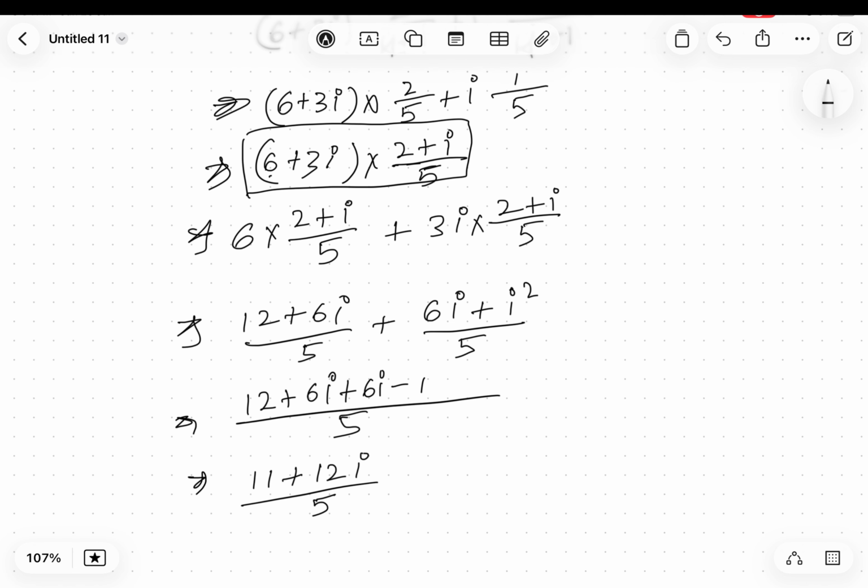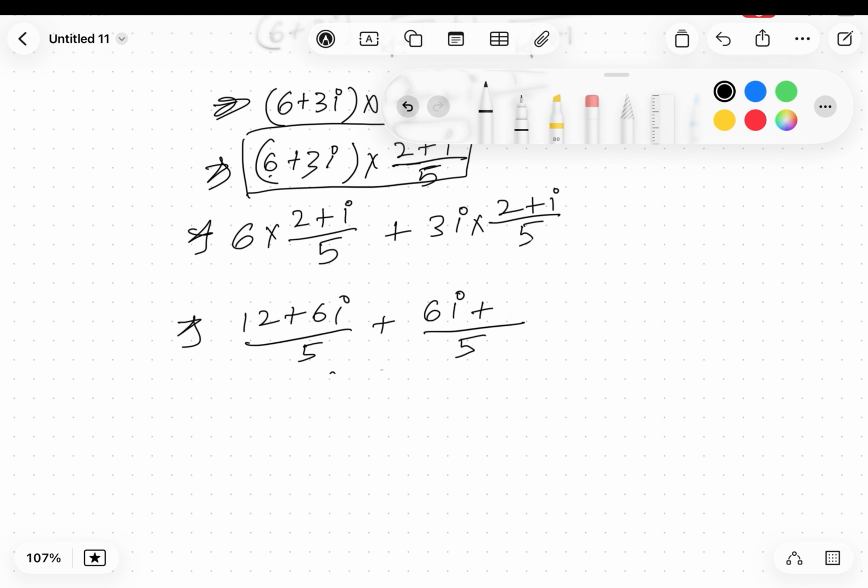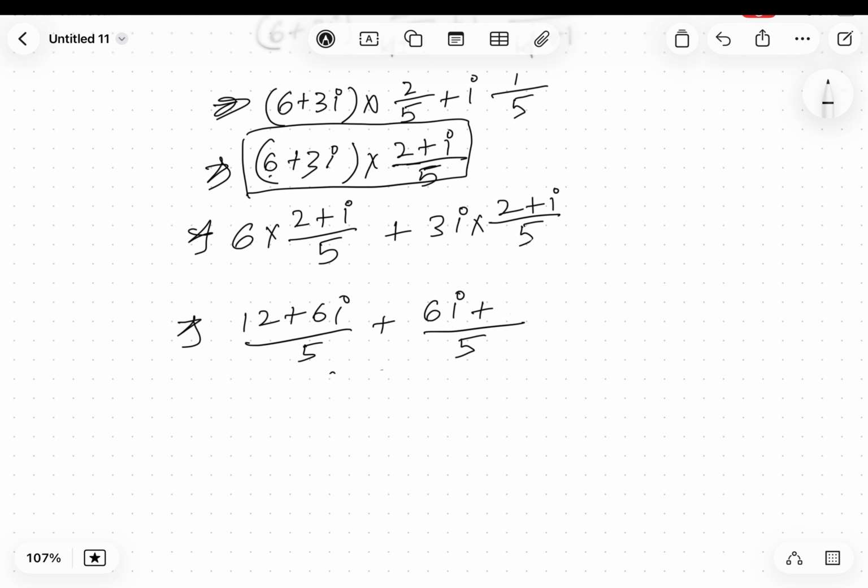Yeah, 6i and 3i square should be there, no? Okay, so there is a mistake. Yes, I was thinking there is a mistake. So here we have made a mistake, and the mistake is when we multiply i with 3i, then it will be 3i square actually, right?